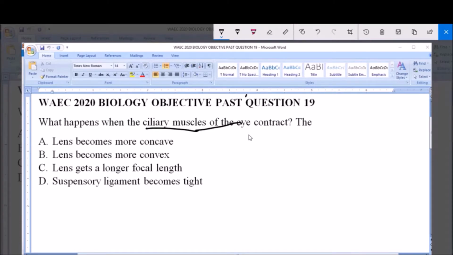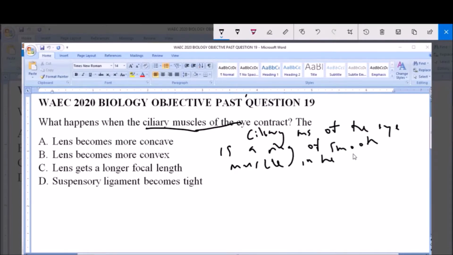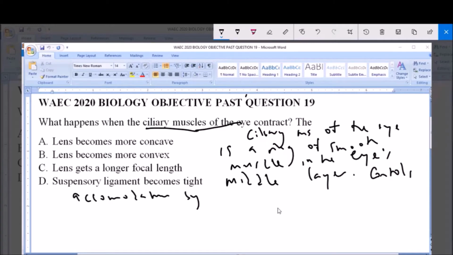Now, the ciliary muscle of the eye is a ring of smooth muscles in the eye's middle layer, and with its contraction, it controls accommodation by altering the structure of the lens.